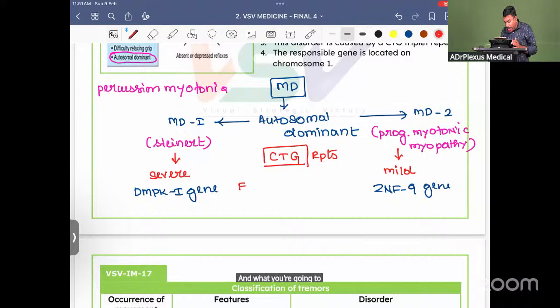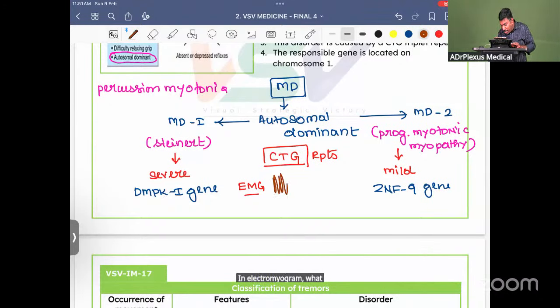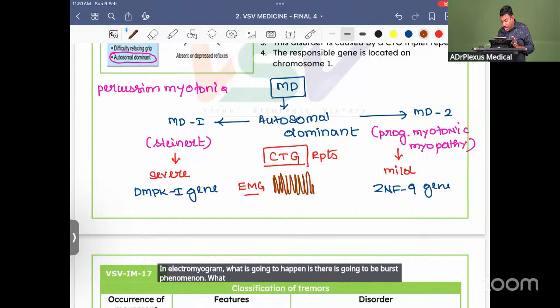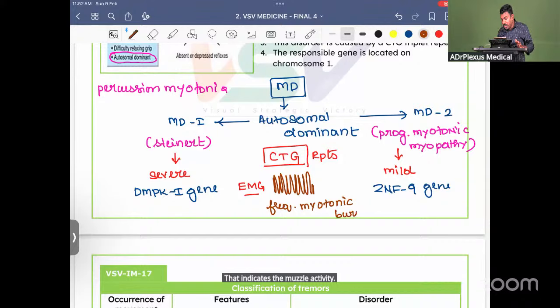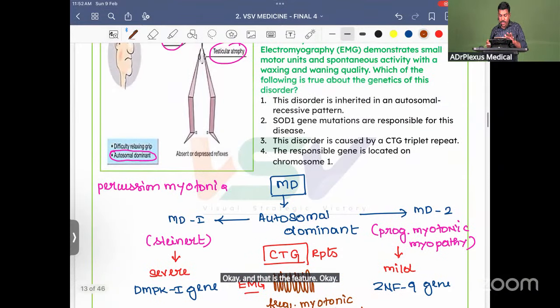You're going to go for an EMG, electromyogram. In the electromyogram there is going to be a burst phenomenon: frequent myotonic bursts will be there, indicating muscle activity. That is the feature.